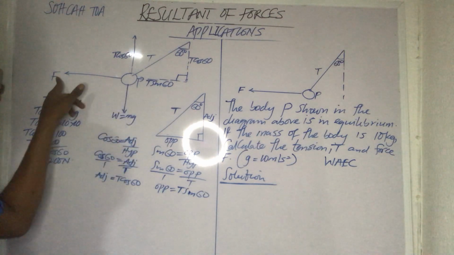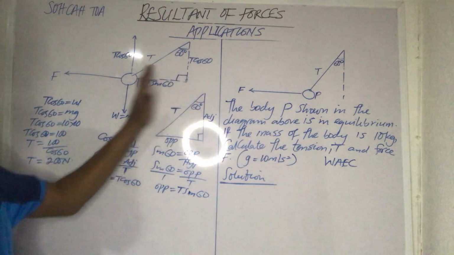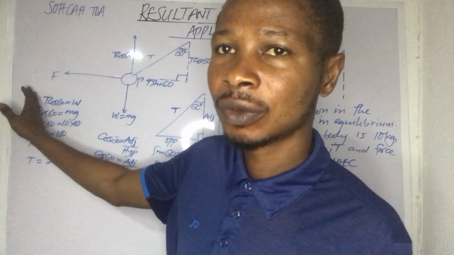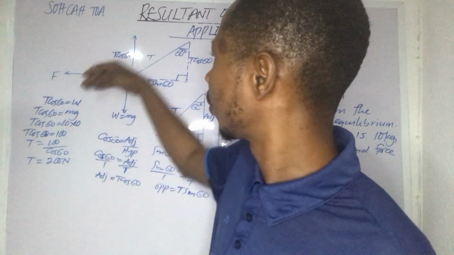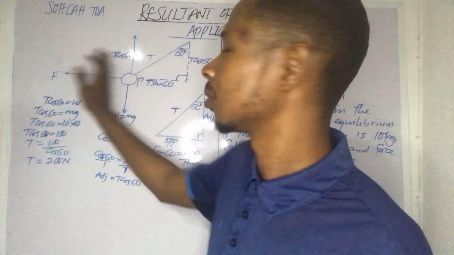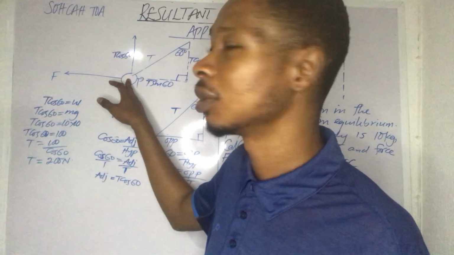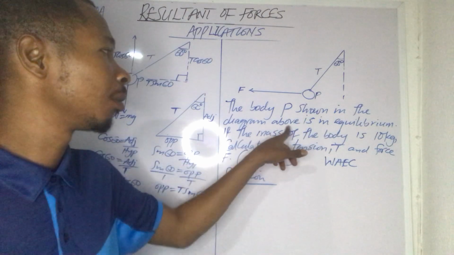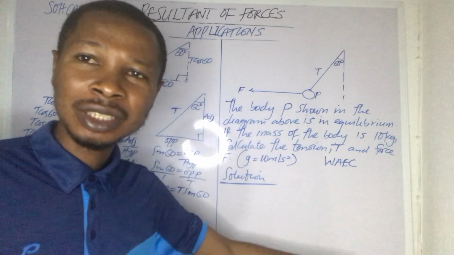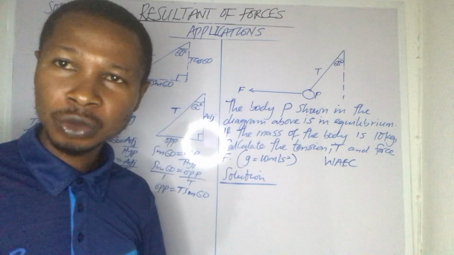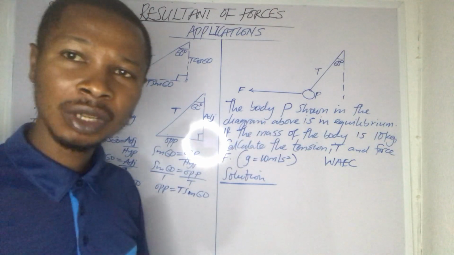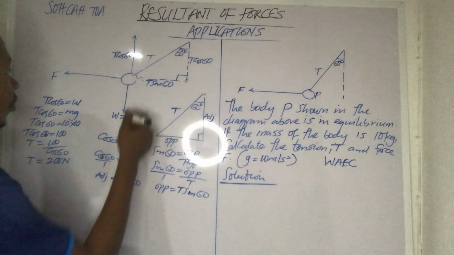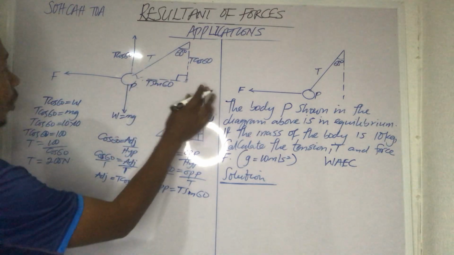Then to get my F, you recall that rightward force will be equal to leftward force according to the law of equilibrium. Upward force is equal to downward force. Rightward force will be equal to leftward force. That's what makes this body to be at equilibrium, which is the condition that we are given here. The body P shown in the diagram above is in equilibrium. If the body is in equilibrium, it shows that upward force will be equal to downward force, and rightward force will be equal to leftward force. Then in that case, it means that this one, rightward, will be equal to this.